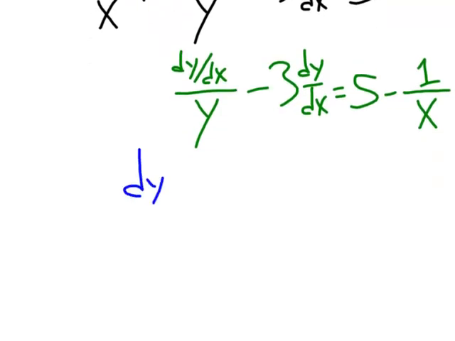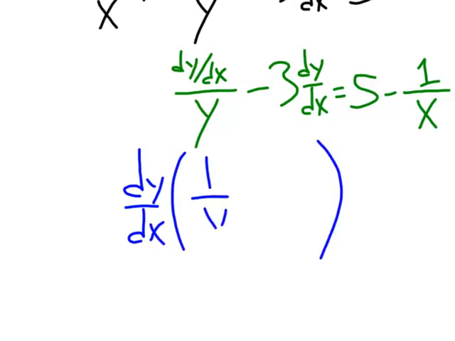So here comes the dy over dx and the big set of parentheses, and on the inside I'll have 1 over y, because if we choose to, we can think of this dy over dx being included with a 1 entirely in the numerator to give us this, over this y here, minus 3 equals 5 minus 1 over x.